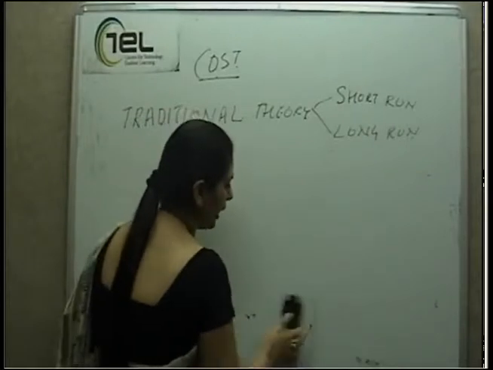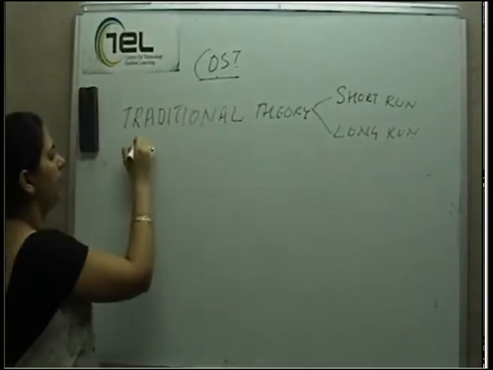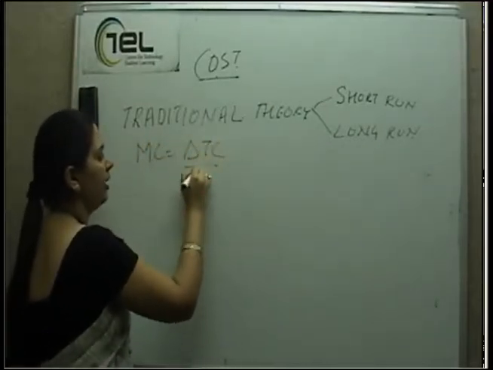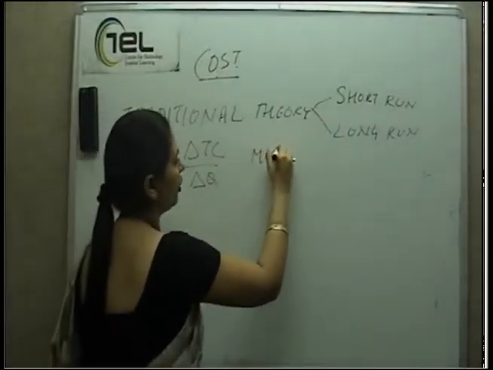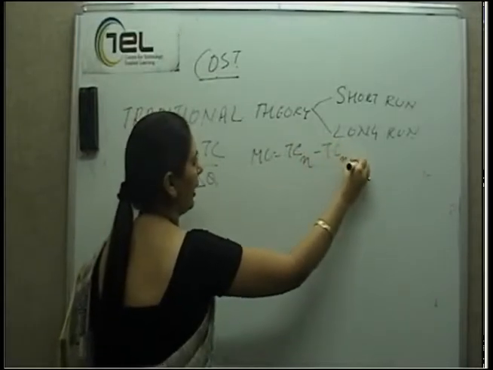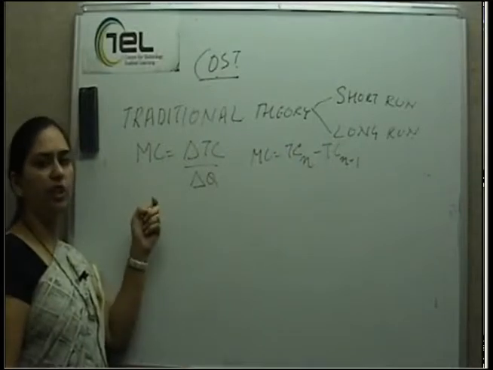If I put that in terms of a formula, my marginal cost is change in TC divided by change in Q, or I can also write this as TC(n) minus TC(n-1). So, change in total cost by change in output.